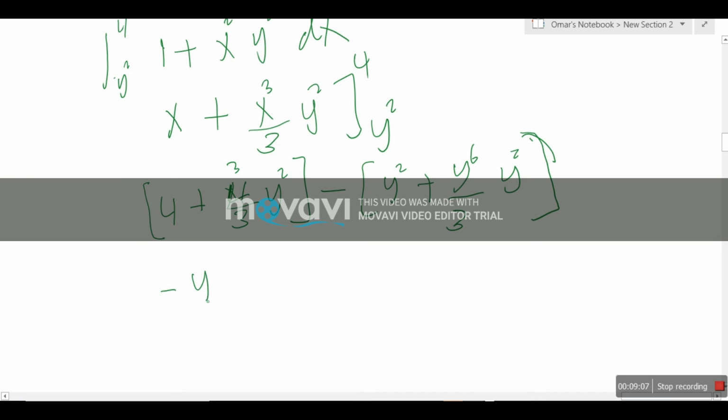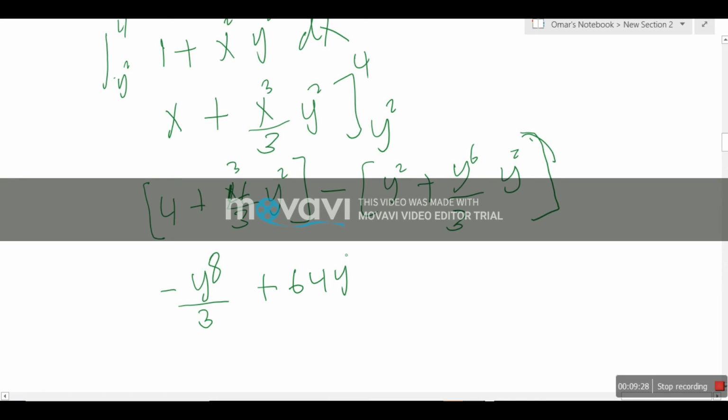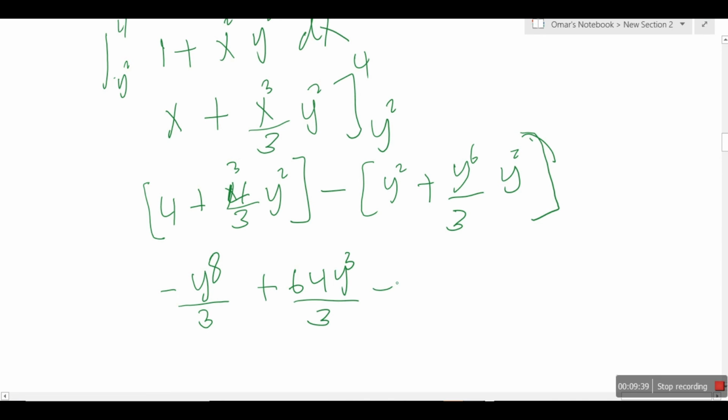negative y to the 8 divided by 3 plus 64 y cubed divided by 3 minus y cubed plus 4.